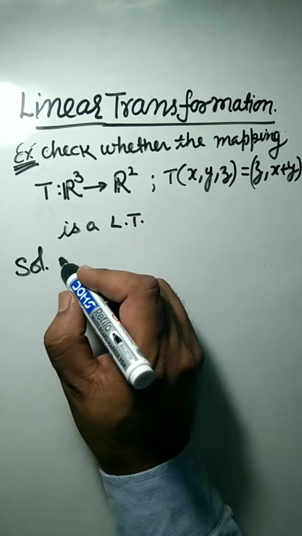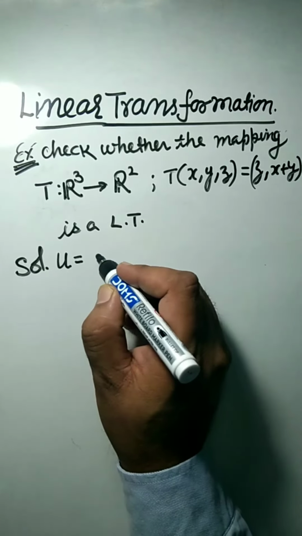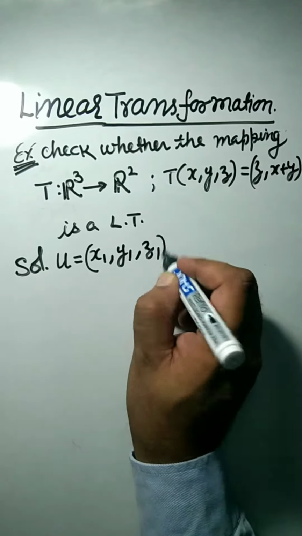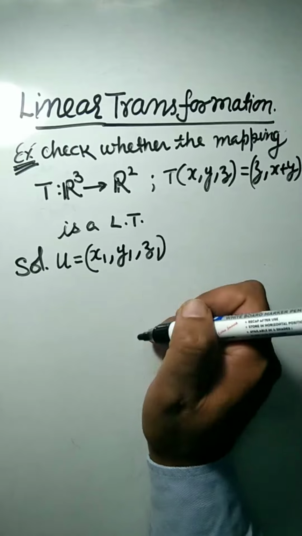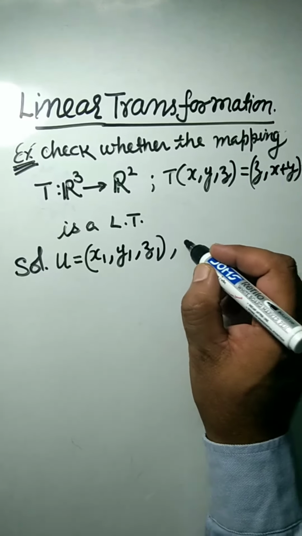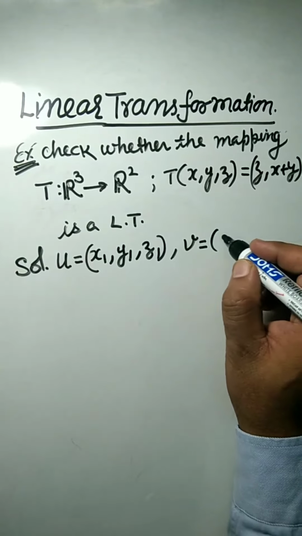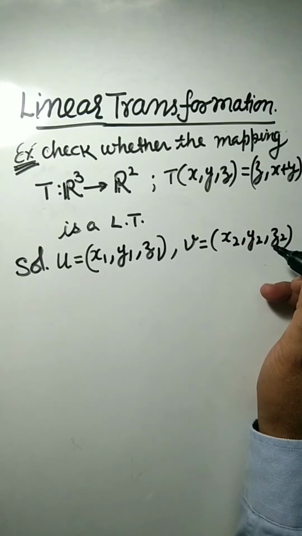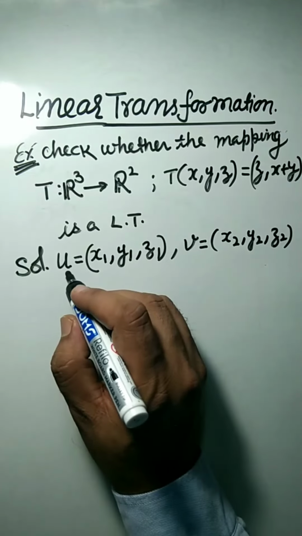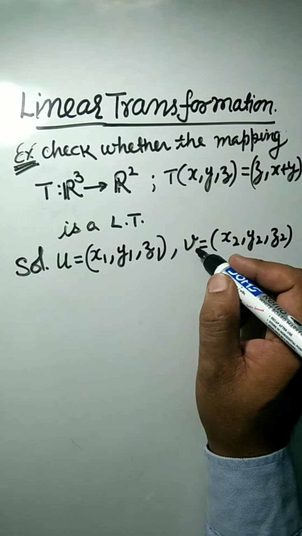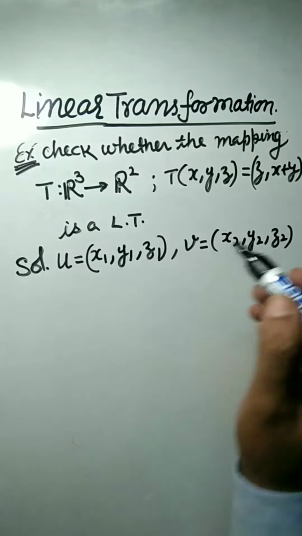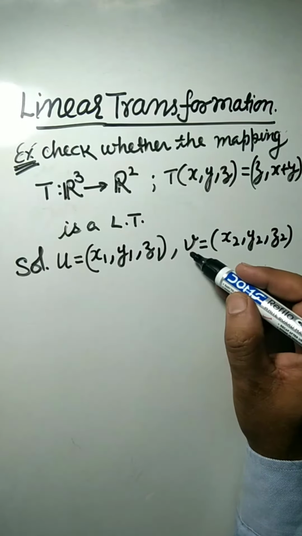Now let us consider u equals (x1, y1, z1), and another vector v equals (x2, y2, z2), where these vectors u and v are of length 3 and these are the components of vector u and these are the components of vector v.